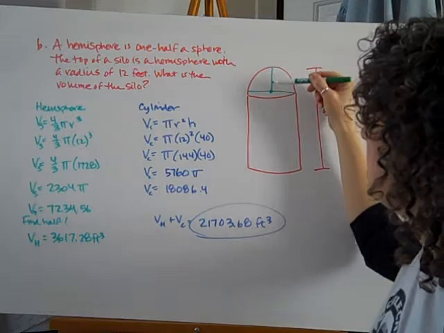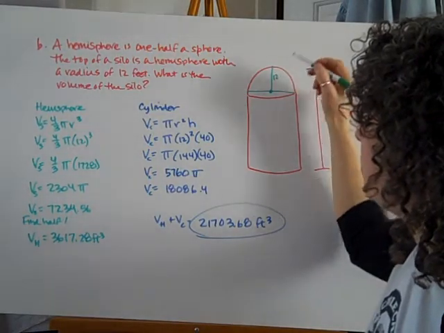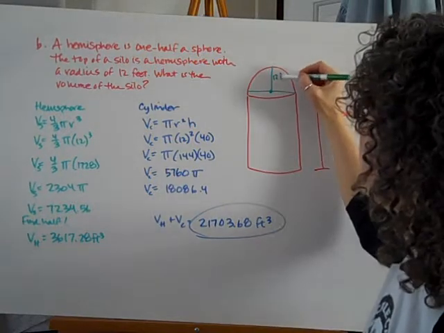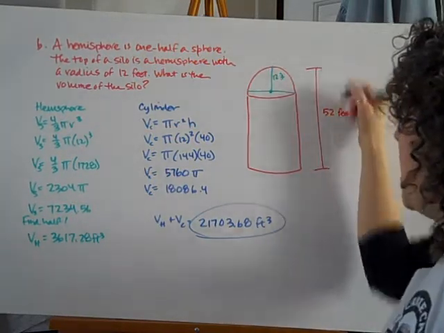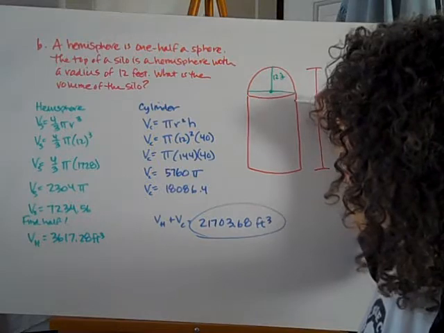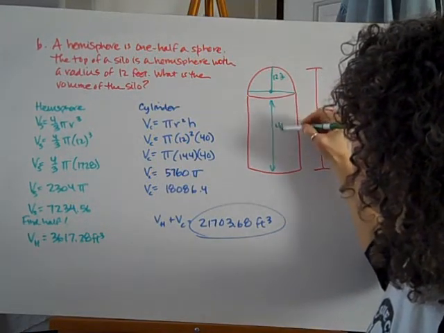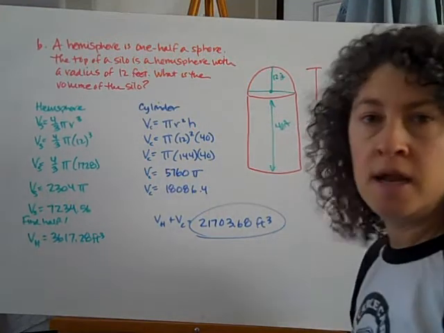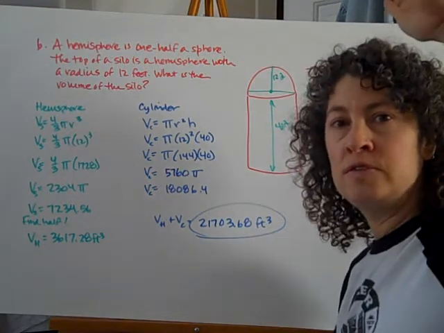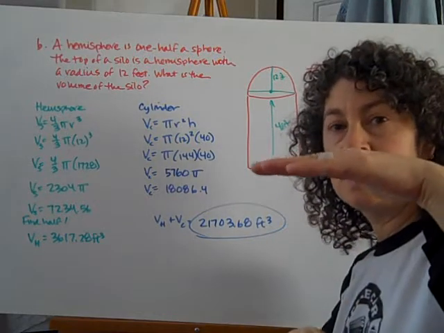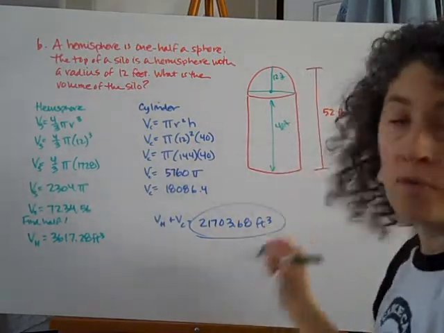My hemisphere has a height of 12 feet. So if the whole thing is 52, that means from here to here is going to be 40. So my cylinder has a height of 40 feet. The whole thing is 52, the hemisphere is 12, which means the cylinder part has a height of 40 feet.